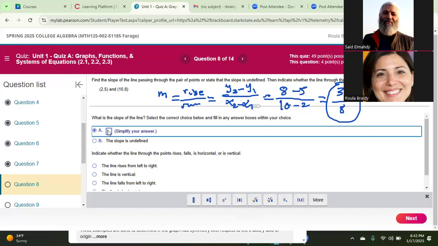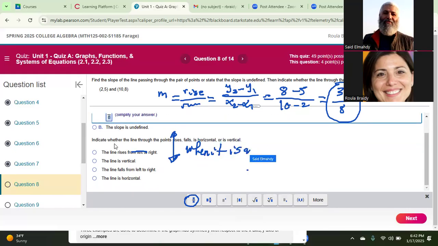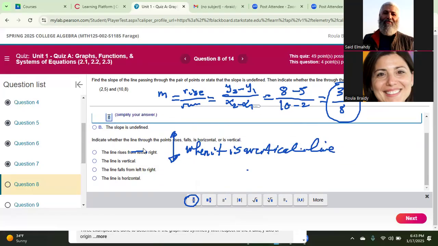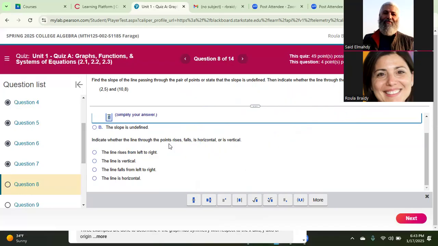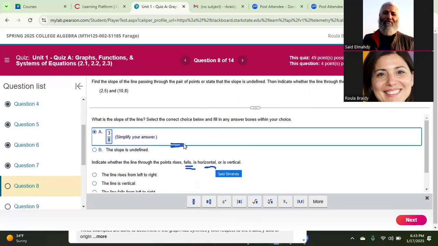When you told me that yesterday, when is the slope undefined? Undefined when it is a vertical line. Okay. And do we indicate whether the line through the points rises, falls, is horizontal or vertical?